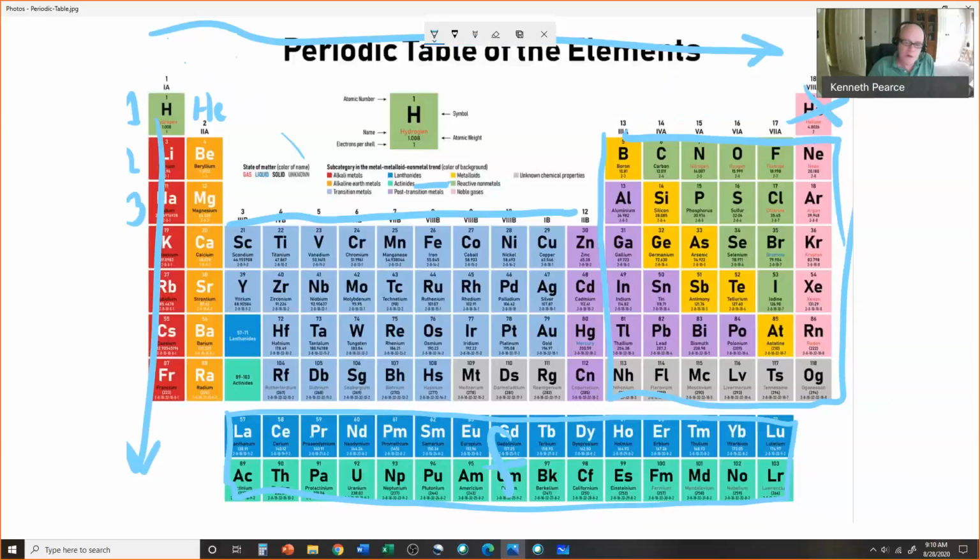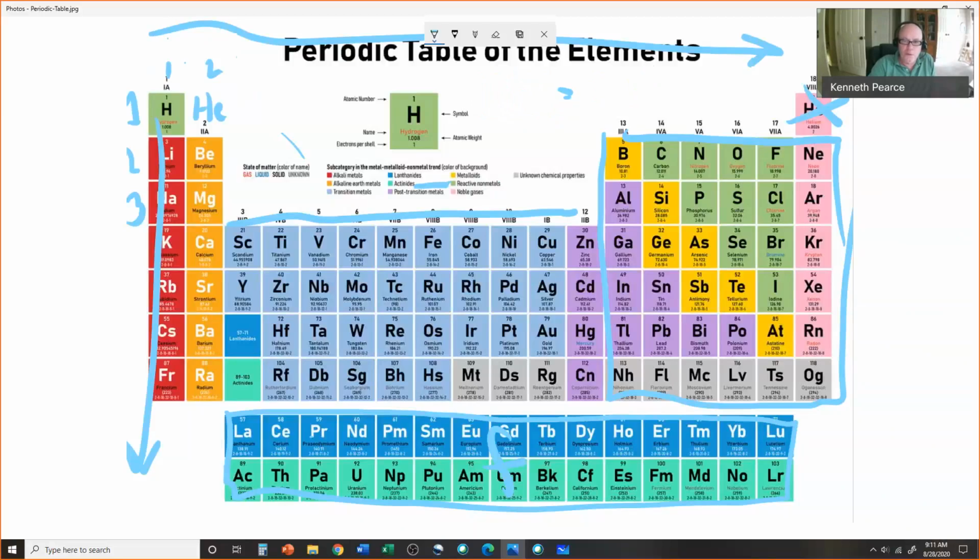I know it's over there in the noble gases, but it's actually an S element. So for helium, we would say it's in row 1. There it is. It's an S element. And we go 1, 2, 2 electrons, and it's 1s2. So that completes the first row. Let's go ahead and mark this off.